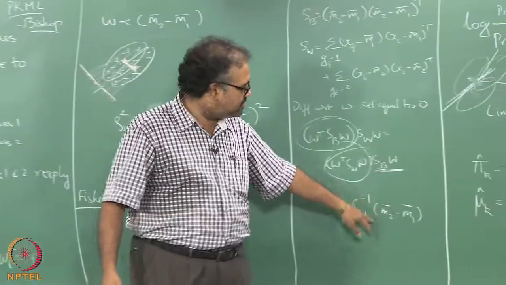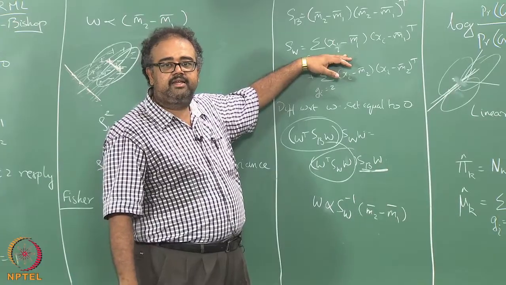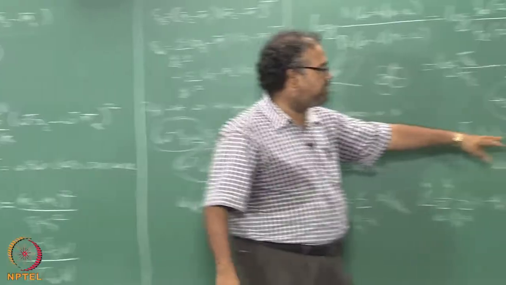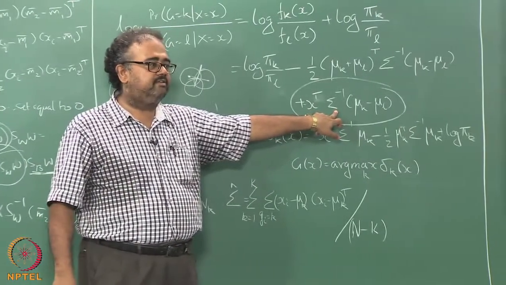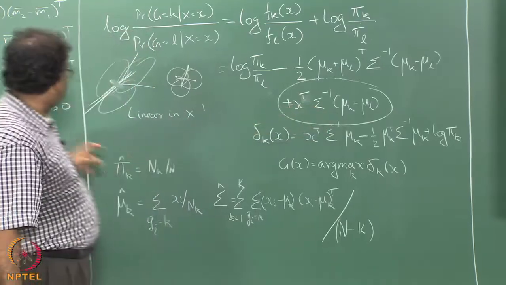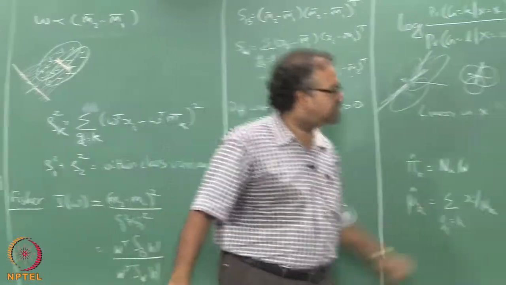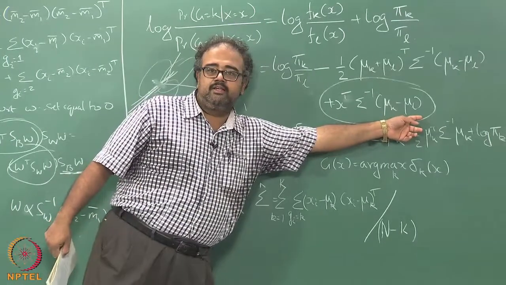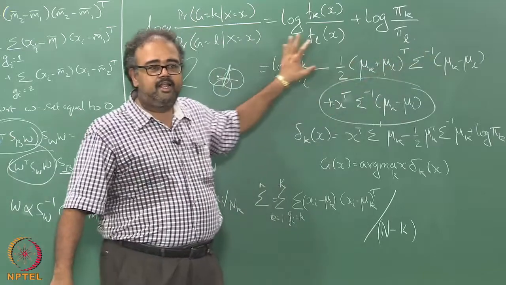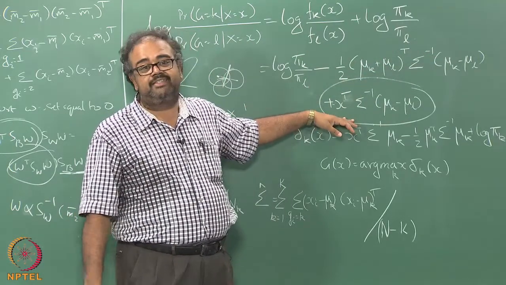So SW inverse is just taking the variance in the data, the within class variance. So sigma, if you remember, is the within class variance matrix, right. So that gives me sigma inverse here, and I have sigma inverse here, and then I have m2 minus m1 and I have mu k minus mu l here. So essentially, modulo all of these other non x related terms, we are essentially finding the same direction, right.